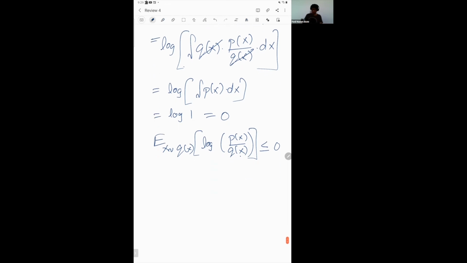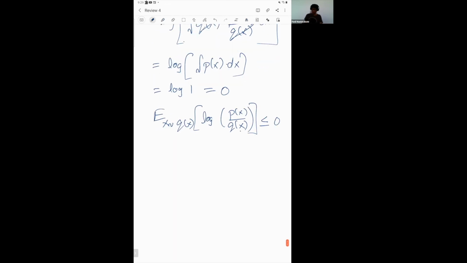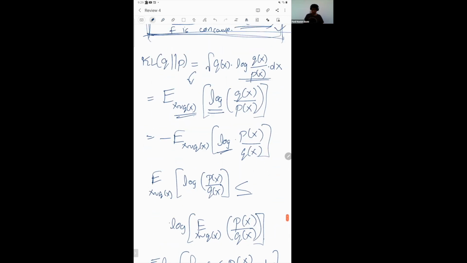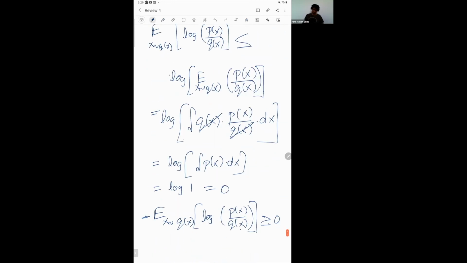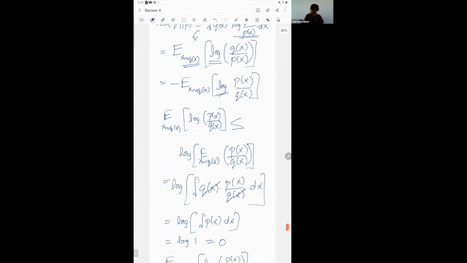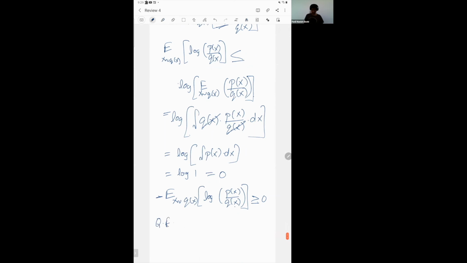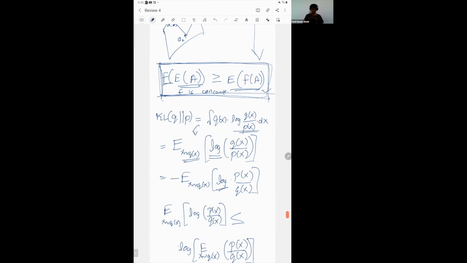Now if you multiply by -1 on both sides, the negative of this expectation is greater than 0, and that is simply the KL divergence. So you prove that KL divergence is always greater than 0, and hence cross entropy is always greater than entropy.